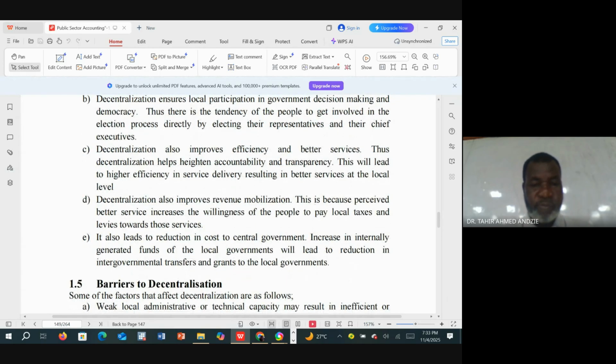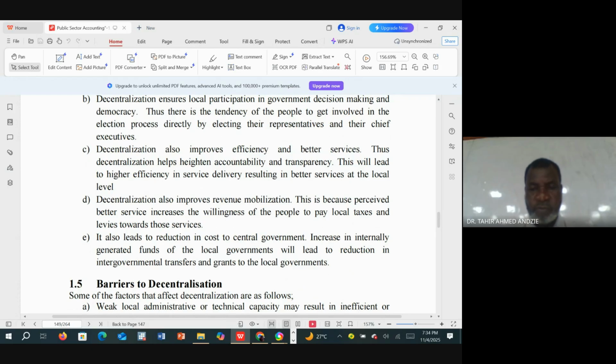And so this assembly also improves revenue mobilization, of course. The local government can mobilize revenue to solve its problems, because whatever the central government will bring might not be enough. What they bring through the central transfer, which is either grants or the district assembly common fund, is always not enough.